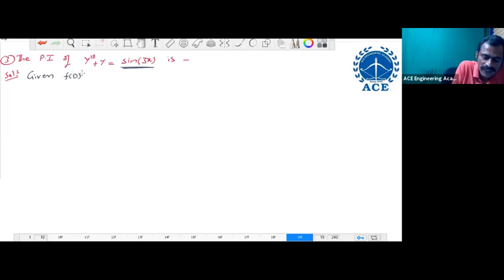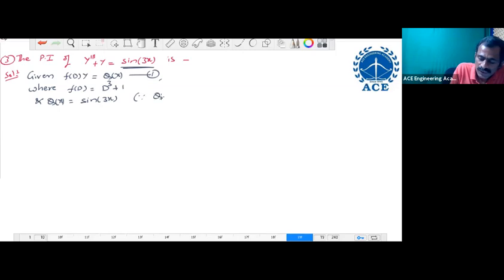Given f of d y equal to q of x, where f of d equal to d cube plus 1 and q of x equal to sine 3x.